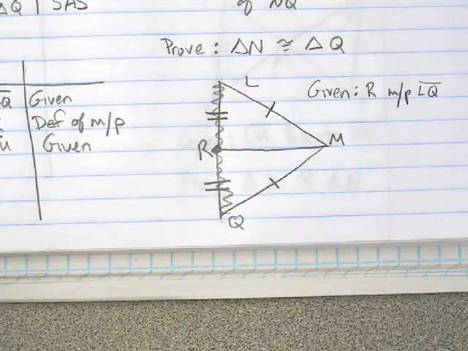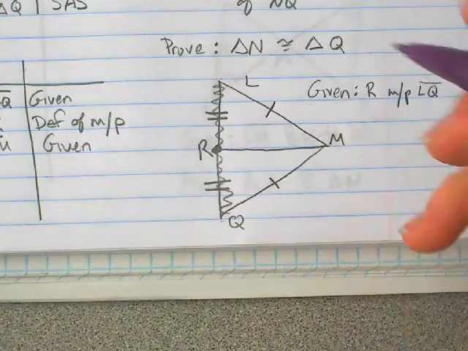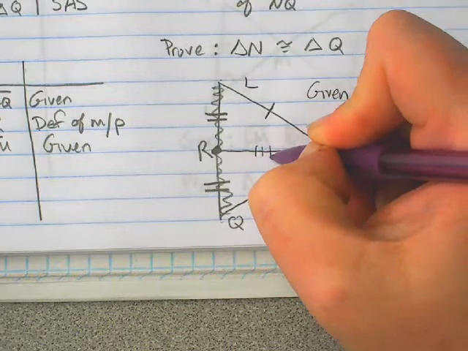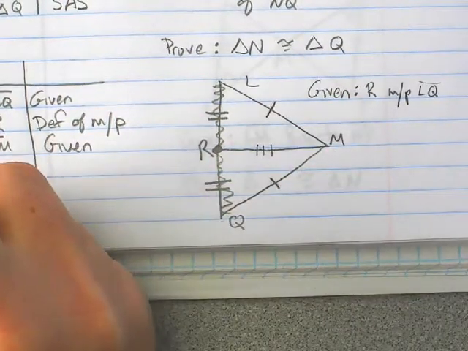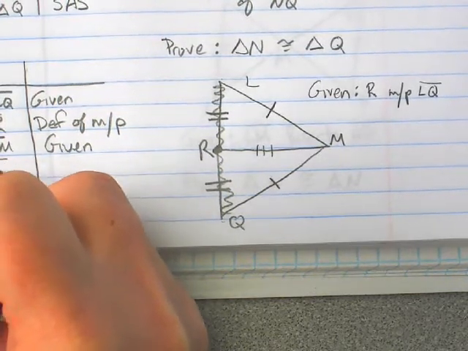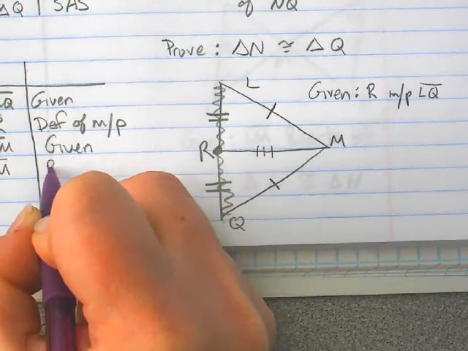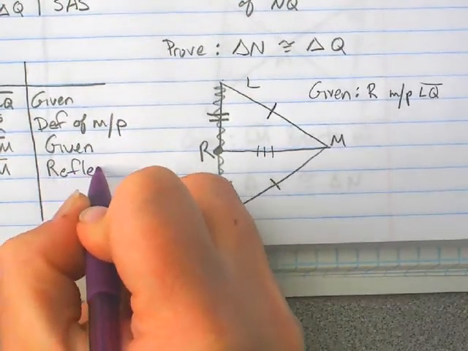Now there's something else that I've just recently learned about that is congruent that I see right now. This line, this segment. Segment RM is congruent to segment RM because of the reflexive property.